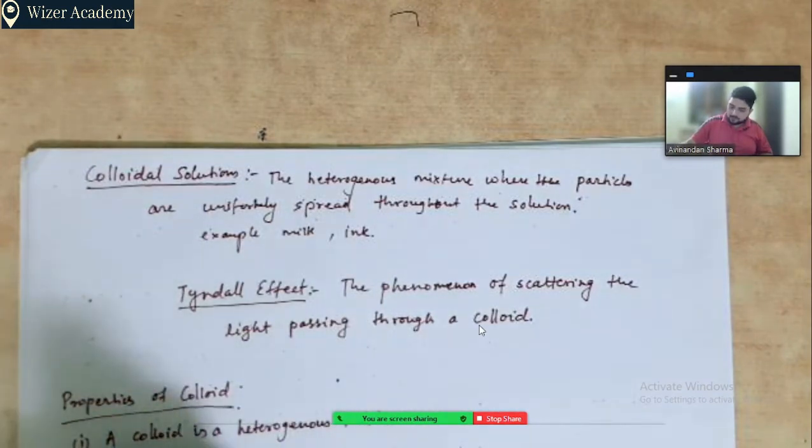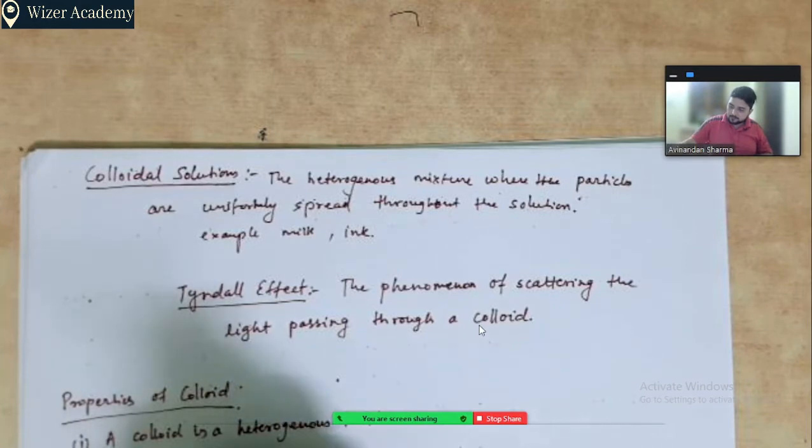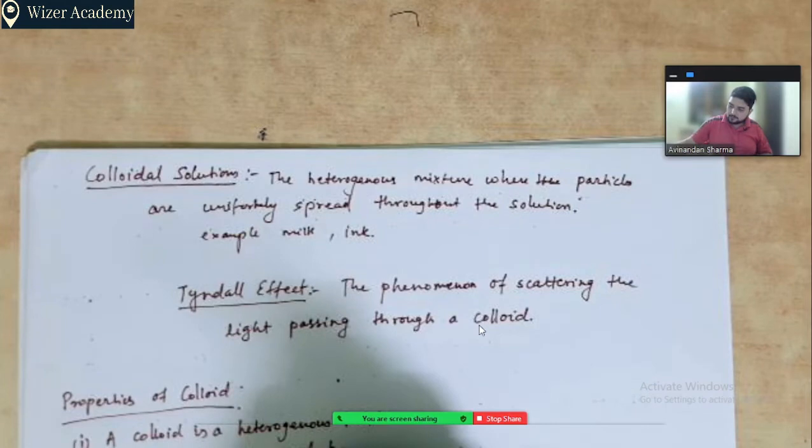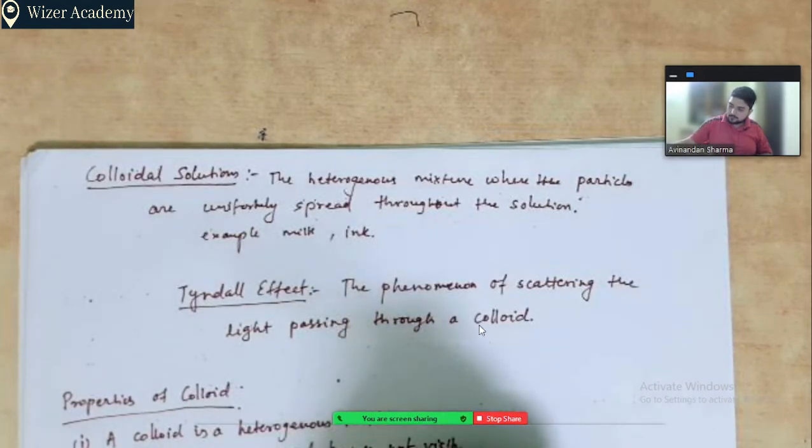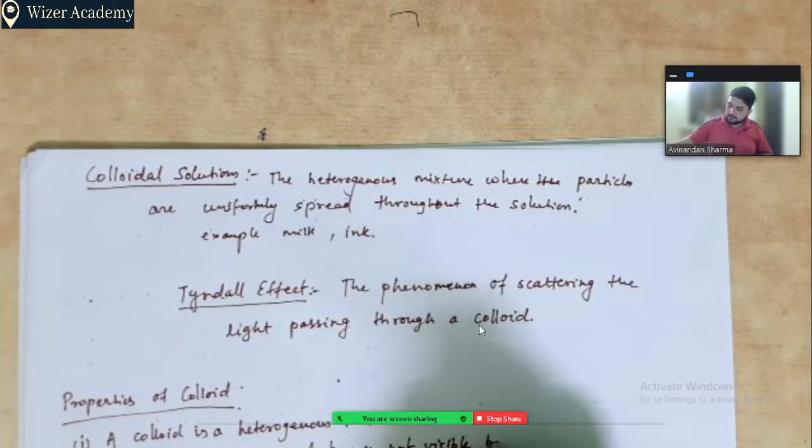Second property, the size of the particles of a colloid is too small to be individually seen by the naked eye. Hence not visible by naked eye.